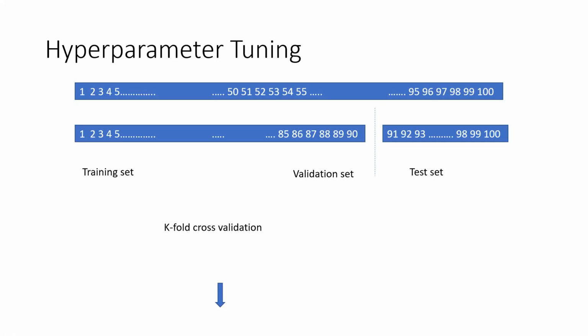I repeat it three times and find the average performance metrics. I do the same for all different values of the parameters that I want to tune, and whichever parameter gives me the best or the highest performance metric, I choose that. So this part is called inner cross-validation.